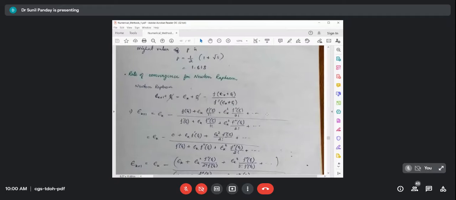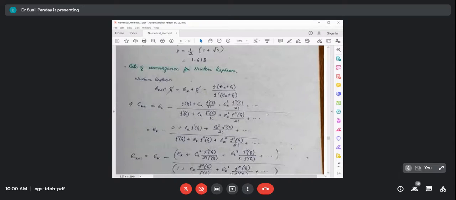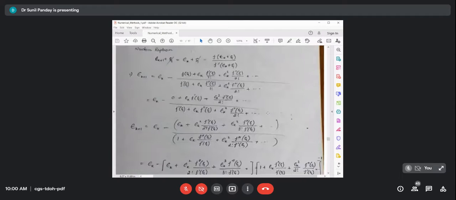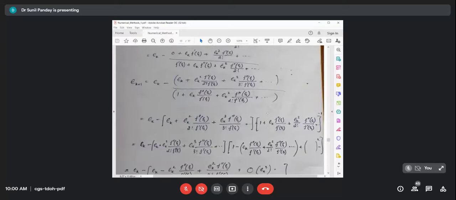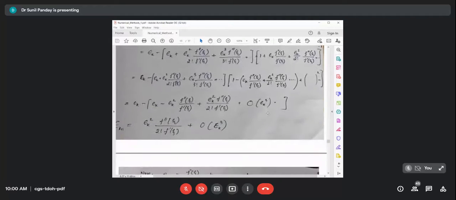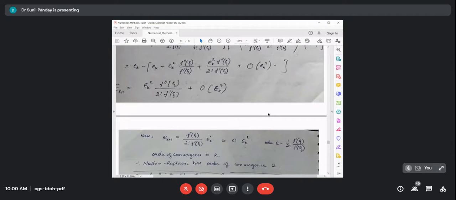But in the exam I may give you a new method that you don't know, and ask you to find its order of error, and you have to follow this procedure to get the error. So practice these two, and I will give one question related to this also, so that you can find the order of the new method. Similarly, in the exam I will give you some new method, and you have to calculate its order of convergence.